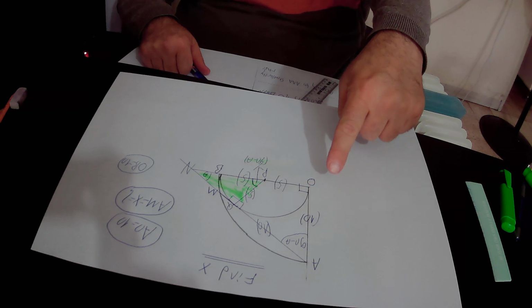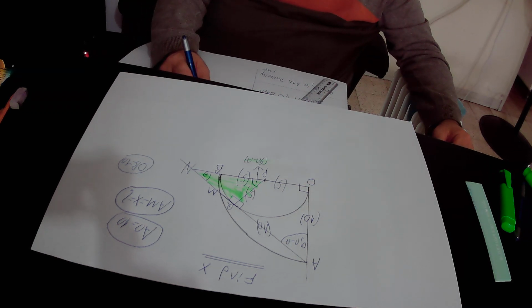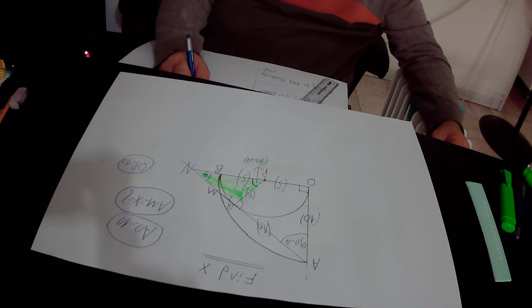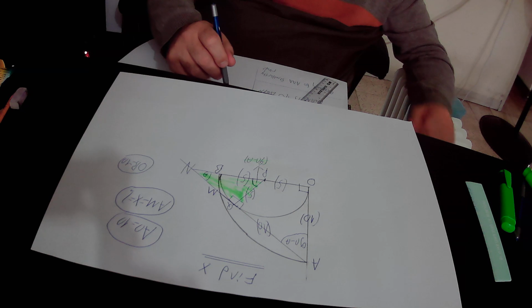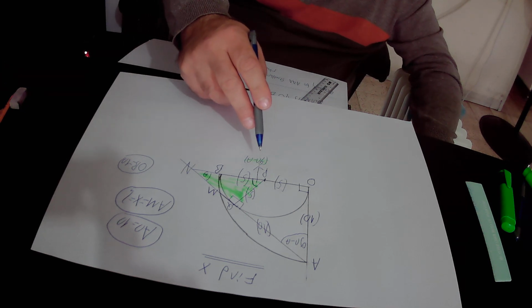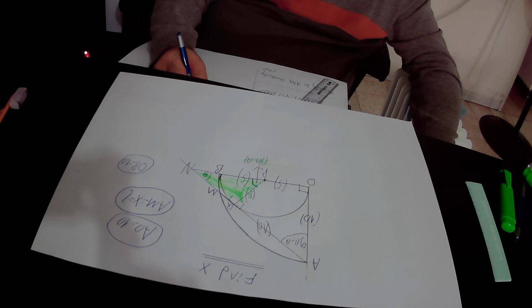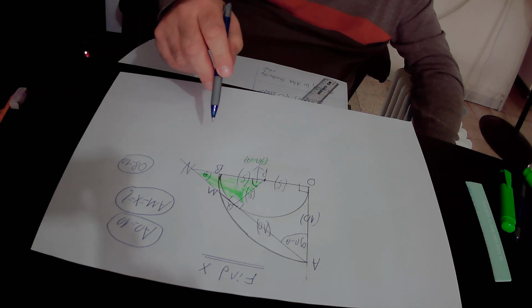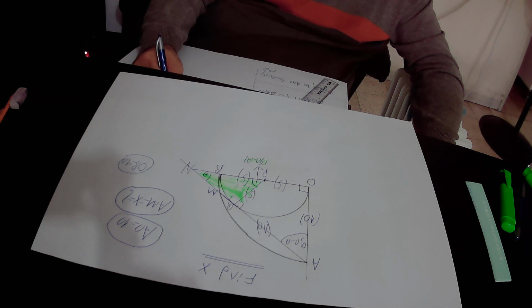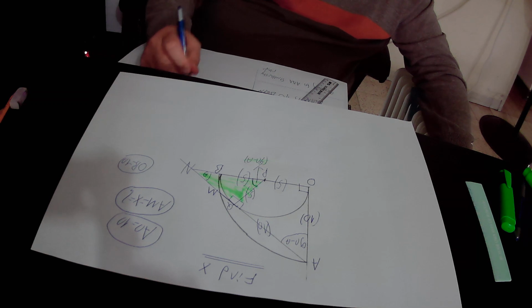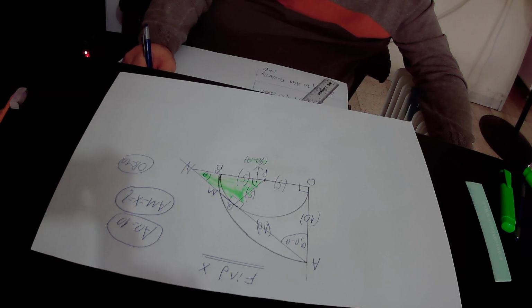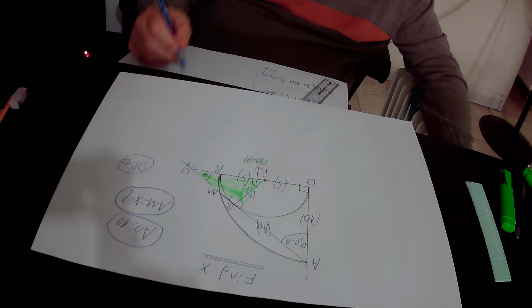AO in the big triangle AON, side AO over side QP in the small green triangle, equals AN in the big triangle over side PN in the small green triangle, and it also equals side ON in the big triangle over side QN in the small green triangle.